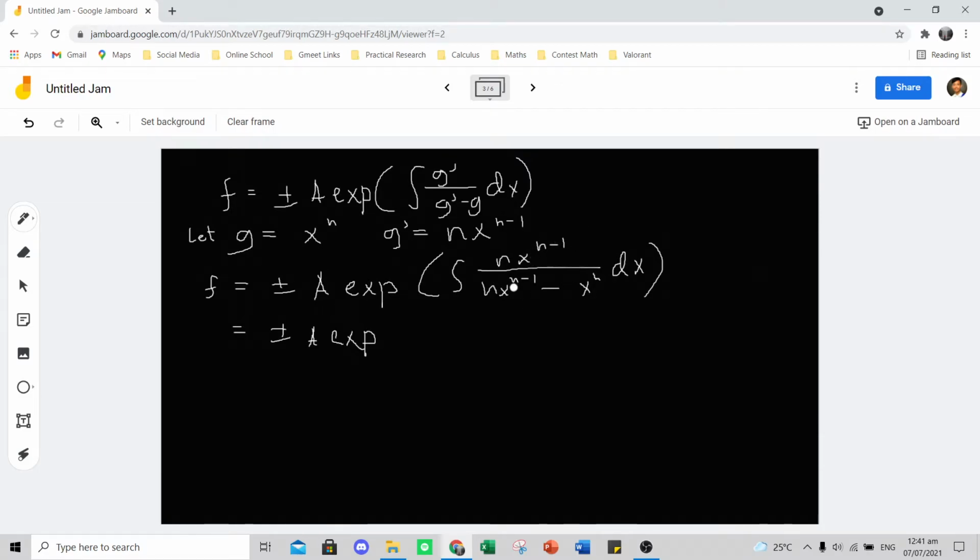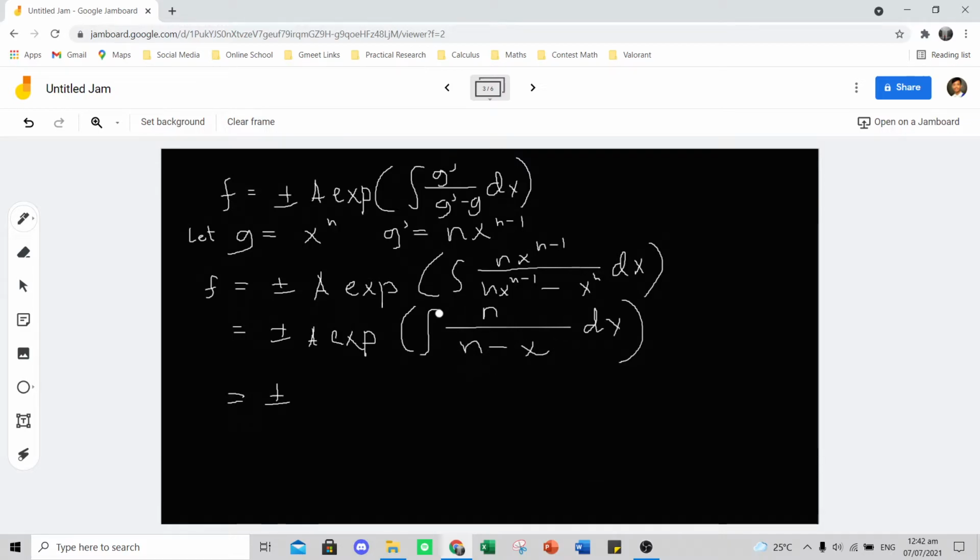You can cancel out x raised to n minus 1, so we have that the integral inside is just n over n minus x dx. And you can get the antiderivative of this function, and that's simple. This is a linear function, so you can get the derivative of this, which is -1.